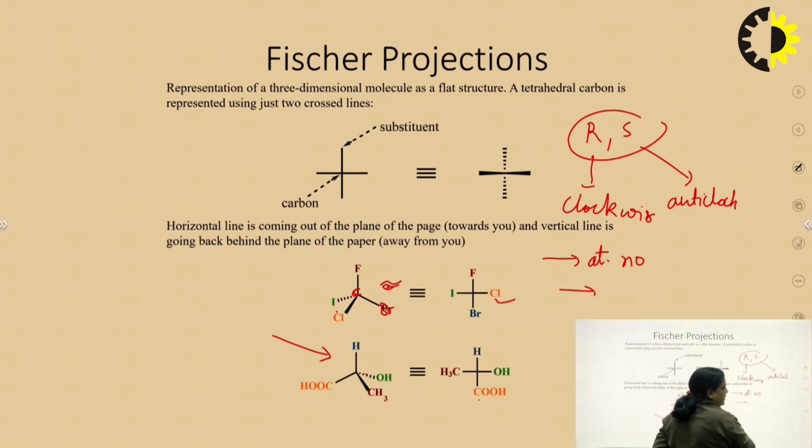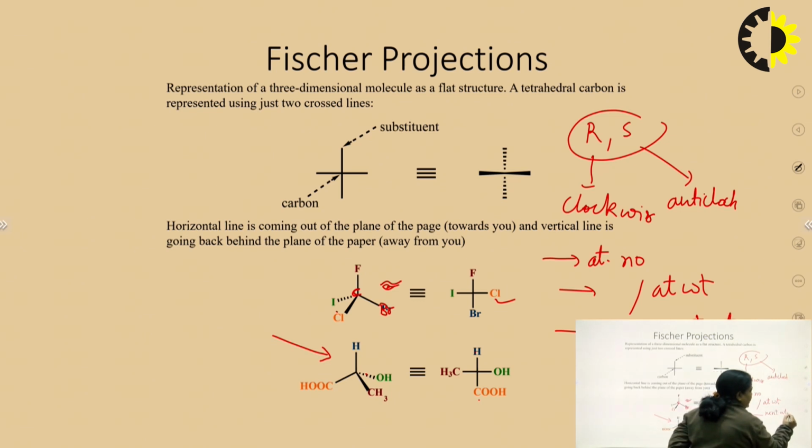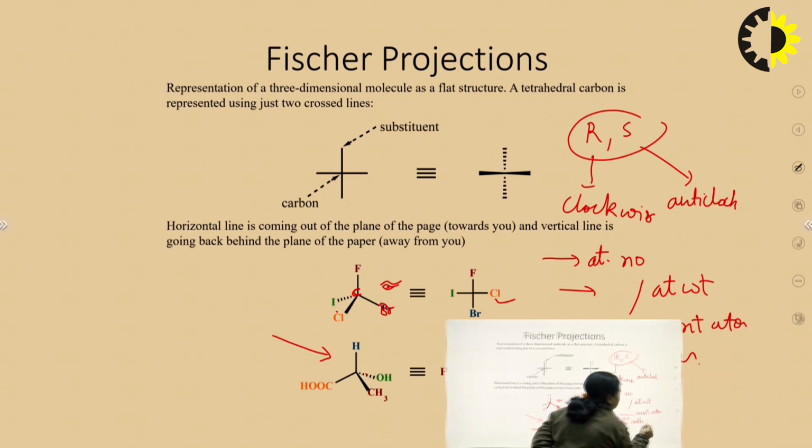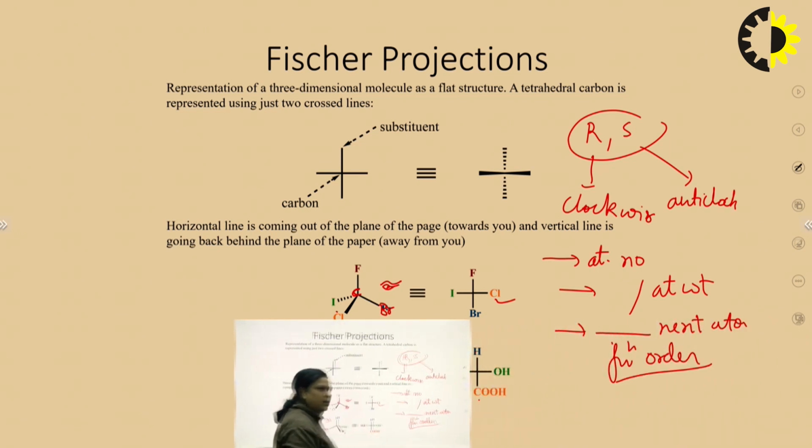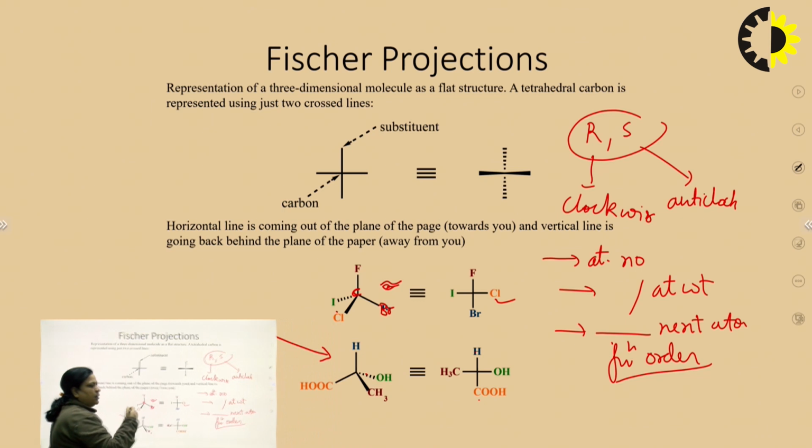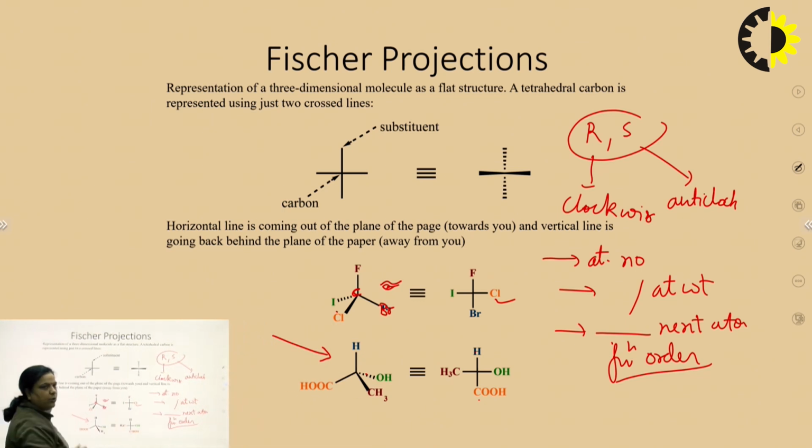And if the atomic number is the same, then check the atomic weight. If both are the same, then check the next atom. In this case, we take the functional group order.